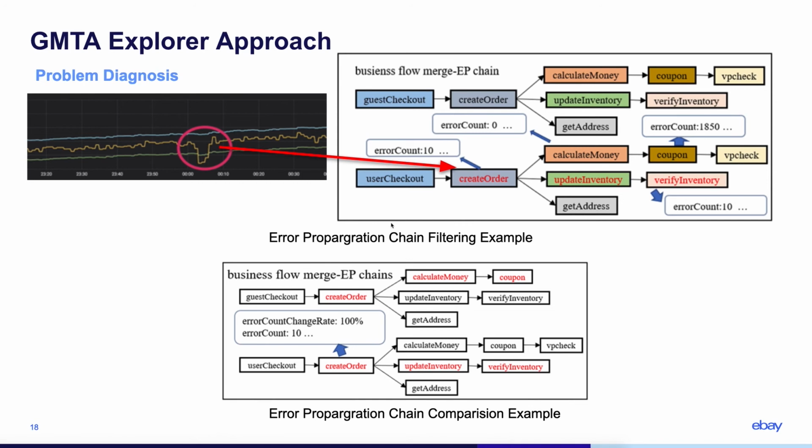So when we're doing the Explorer view for problem diagnosis, we can show the error chain views that aggregate the issues such as create order, update inventory, and verify inventory, this chain. And this will pop out instead of showing all different errors that happened at the time. And the SRE or developers can easily find which are the new issues that occurred to help them find the root cause of a potential problem.